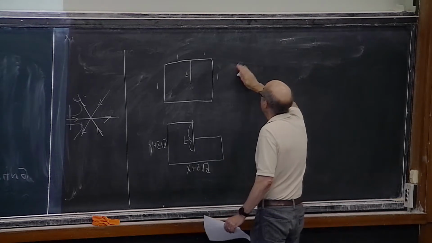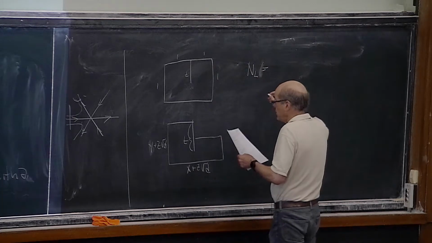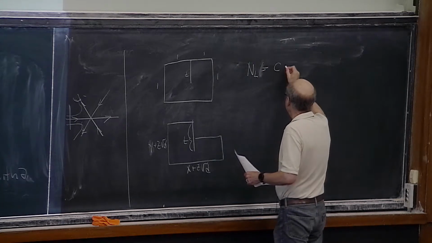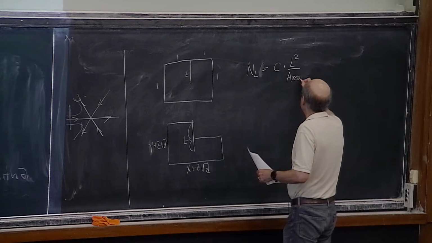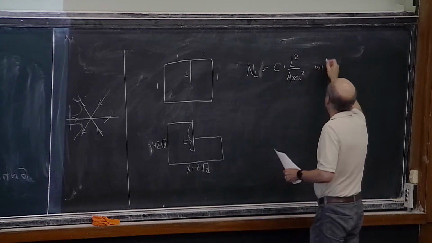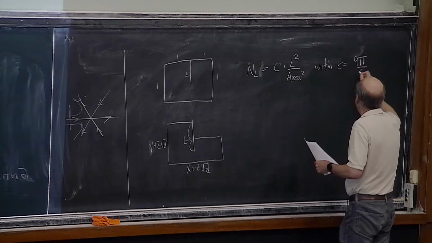So we get n sub L in this case is equal to C times L squared over area squared with C equal to 9 pi over 8.